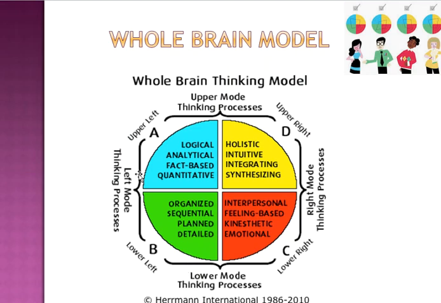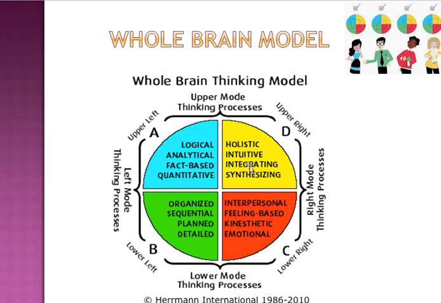The upper left is the logical part: the logical, analytical, fact-based, quantitative processes of the brain, while the lower left is the organized, sequential, planned, detailed way of thinking.